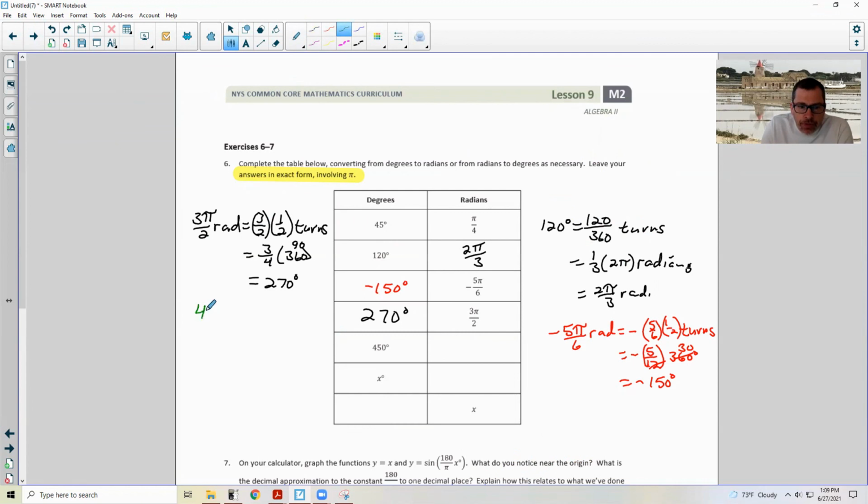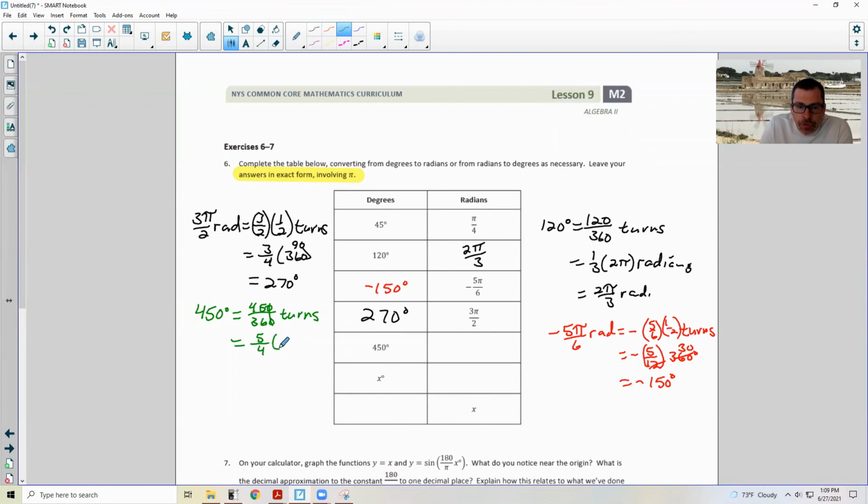So we take 450 degrees equals 450 over 360 turns, which will equal 45. 9 will go into 45 5 times. 9 will go into 36 4 times.